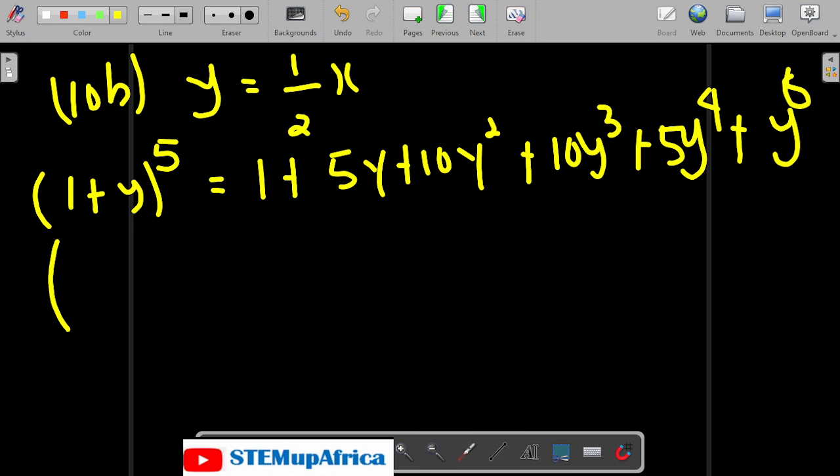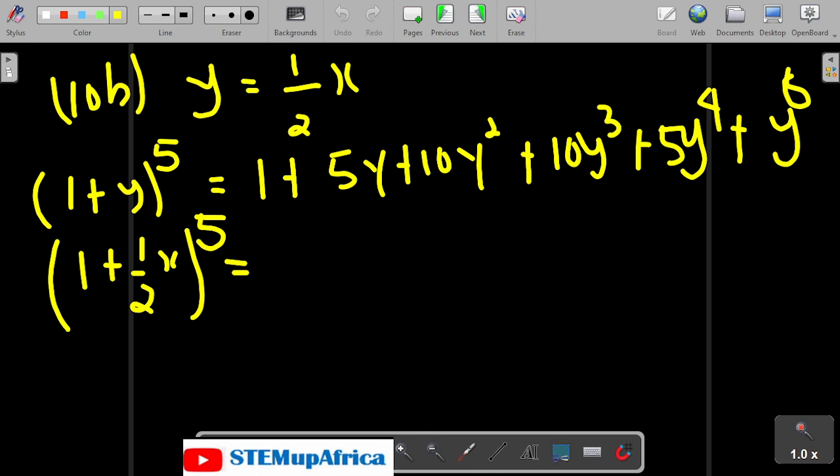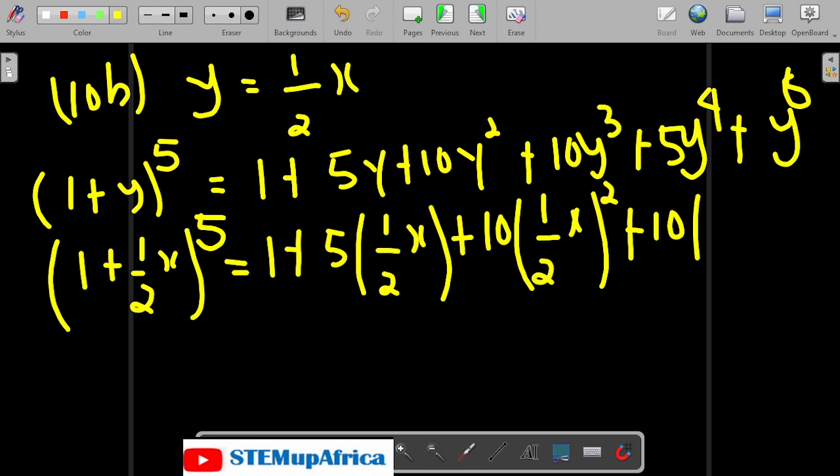So if I substitute y as 1 over 2x, here becomes 1 plus 1 over 2x raised to the power 5. Then as far as x raised to the power 3, we are stopping at x raised to the power 3. So I'm going to have 1 plus 5 times 1 over 2x plus 10 times 1 over 2x raised to the power 2 plus 10 again times 1 over 2x raised to the power 3.